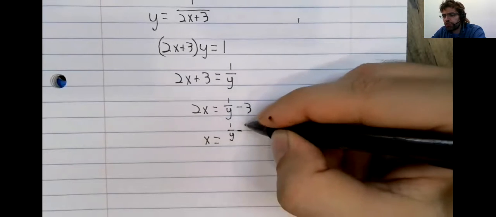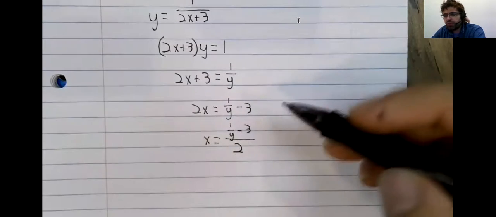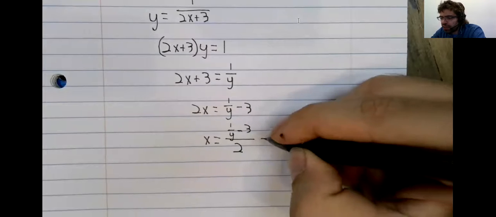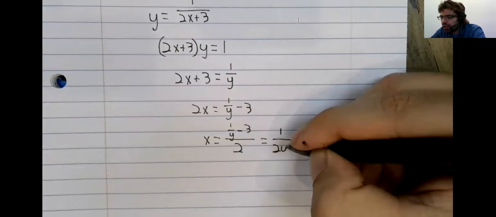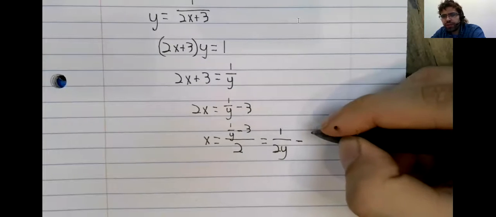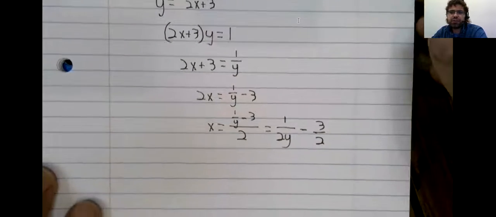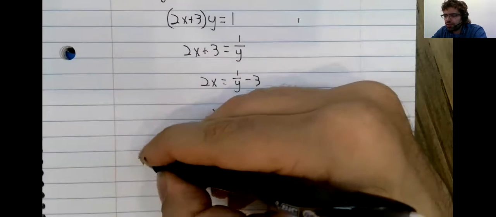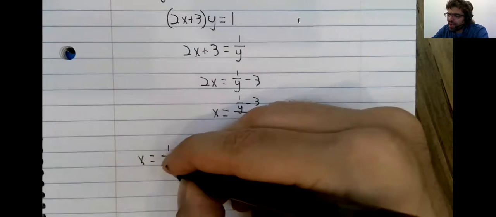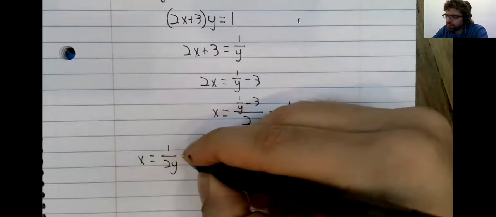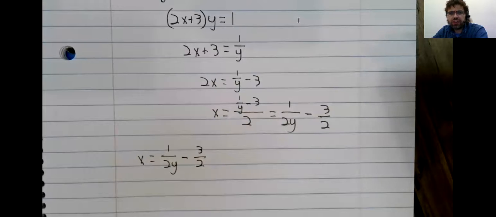I'm going to rewrite this slightly. If you have a difference divided by 2, that's 1 divided by y, divided by 2, minus 3 divided by 2. So here, more or less, is our inverse.